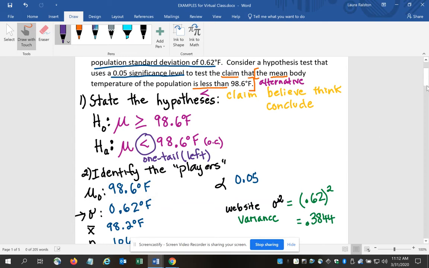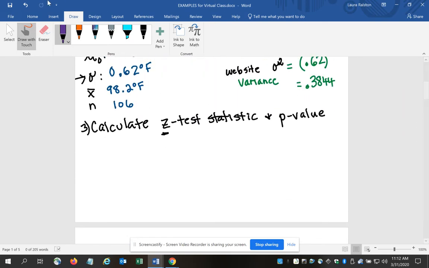Typically, your Z-scores are rounded to two places. So my Z is negative 6.64, and the corresponding p-value is 0.00001.